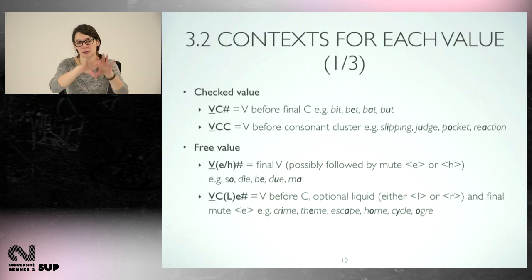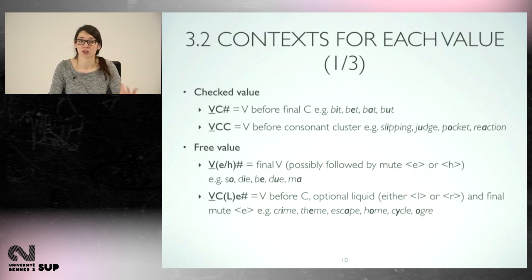Okay, the basic pattern is the vowel followed by a consonant and a mute E. Okay, and in between the consonant and the mute E, you may have an R or an L, and it doesn't change the value of the vowel. That's what you need to remember. Okay, and this at the end of a word, right?